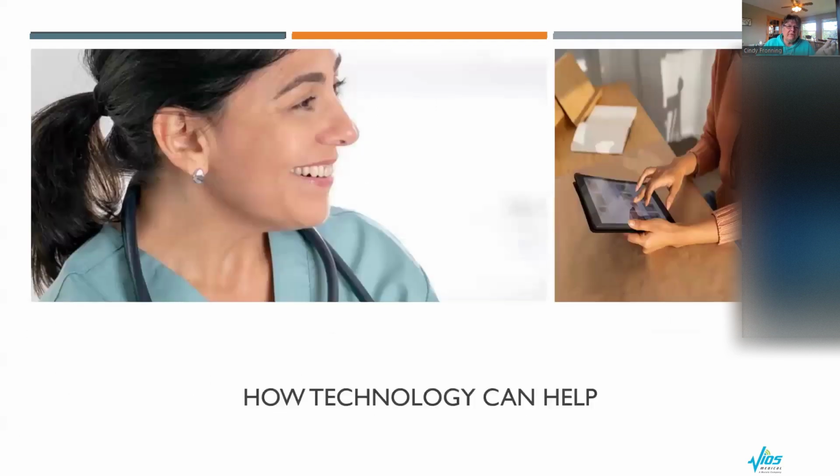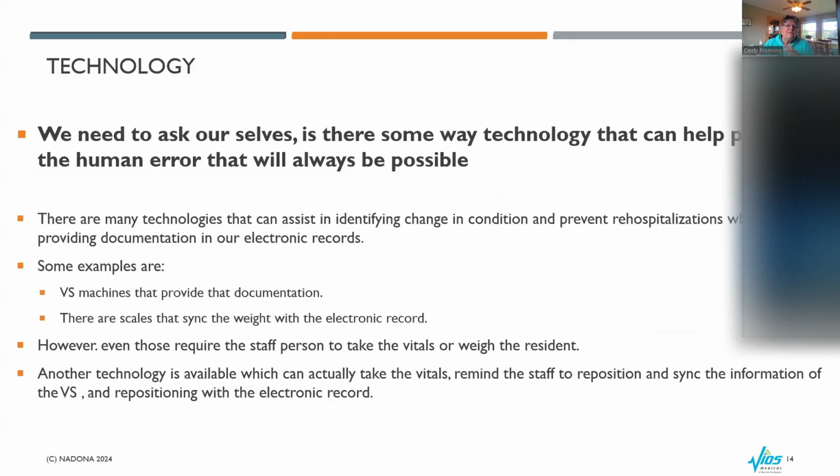So the question comes to play then, how can technology help us? We need to ask ourselves, is there some way that technology can help prevent the human error that is always possible and always will be possible? What's out there that can help us with that?